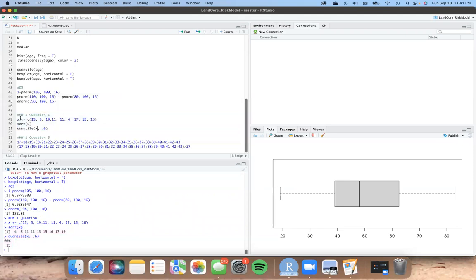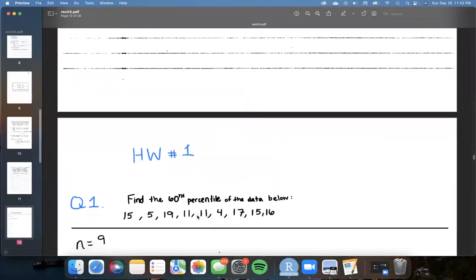And so X, which is what I labeled my data, would be the object that I put in. And then the second thing the function calls for is the percentile that I'm interested in, so it would be the 60th percentile. So when I do this function, I get 15. So the answer is 15.